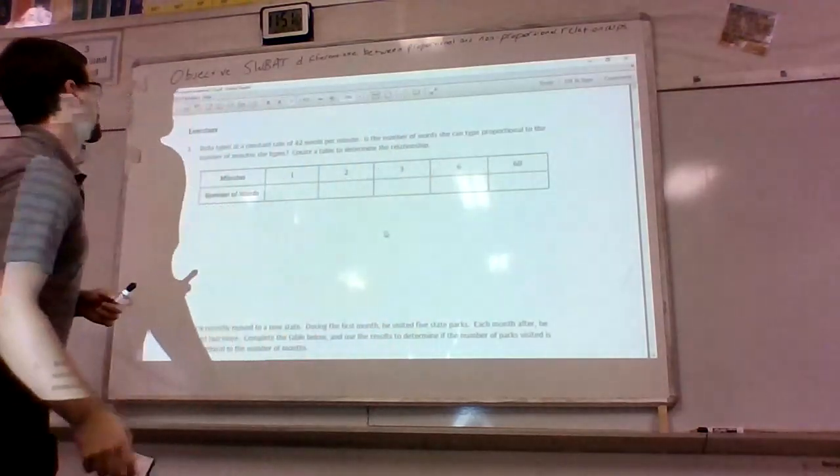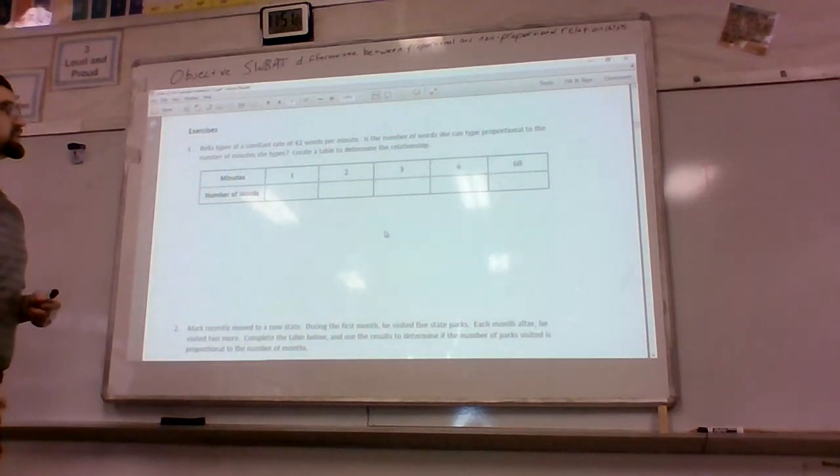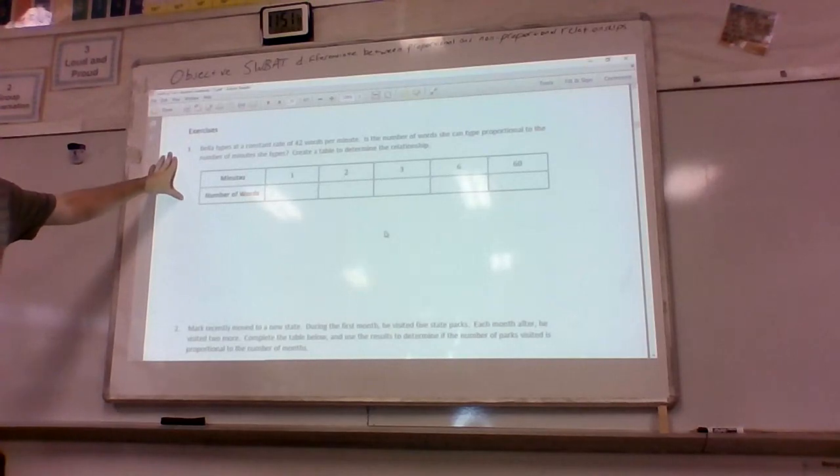All right. Bella types at a constant rate of 42 words per minute. Is the number of words she can type proportional to the number of minutes she types? Create a table to determine the relationship. Okay. So using this rate, is the number of words she can type proportional to the number of minutes?